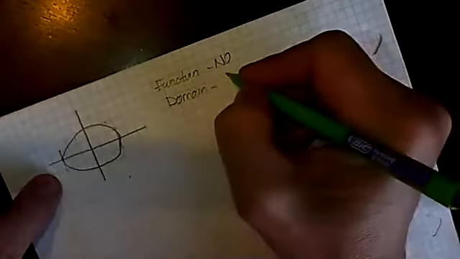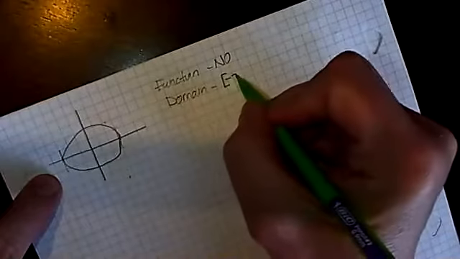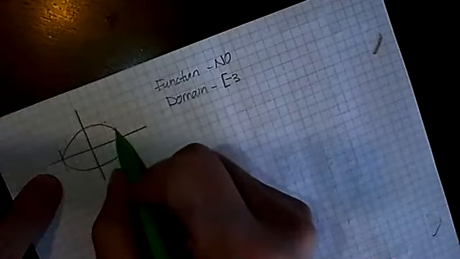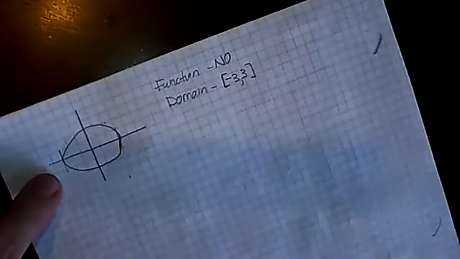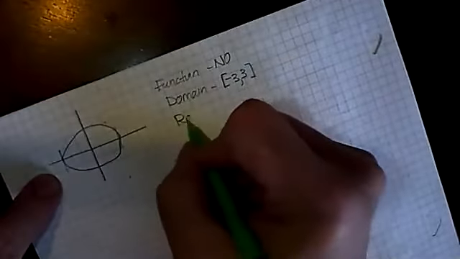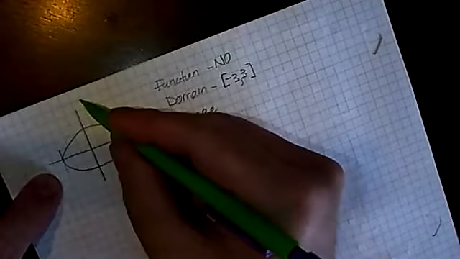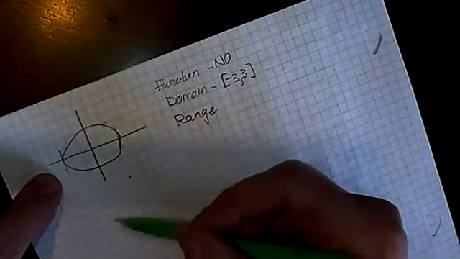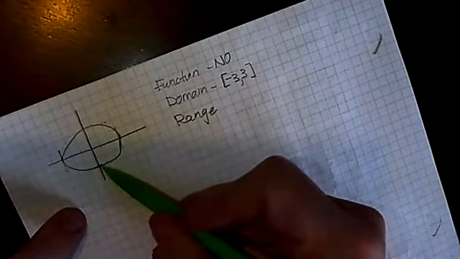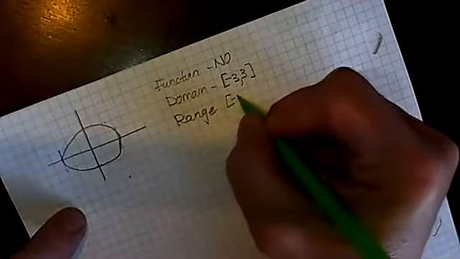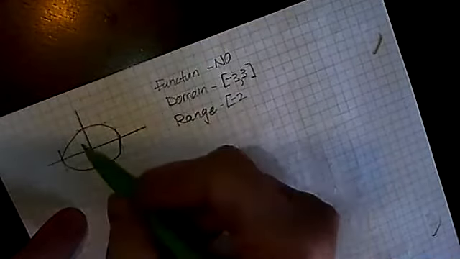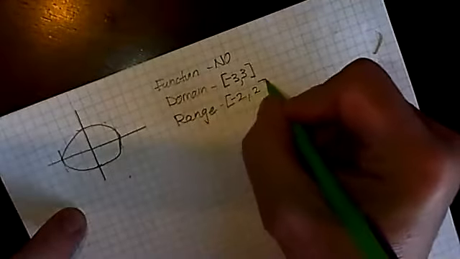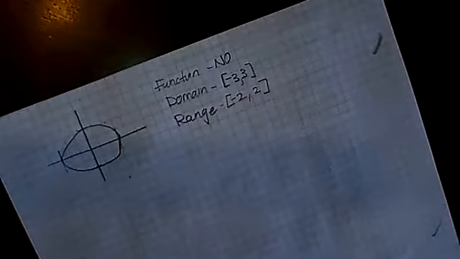So we go from -3 and then it ends over here at +3 with a bracket because it's a solid line. When we do the range, we always go from bottom to top. So we're going to start down here at -2, and it's a solid line, and it's going to go up here. That's the highest of the graph, which is at +2, solid line.